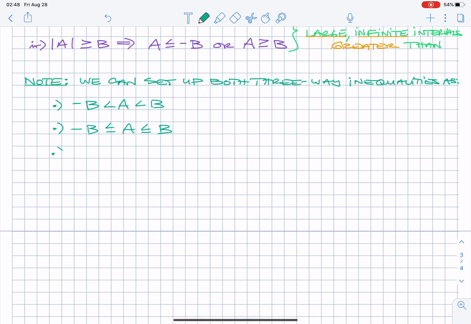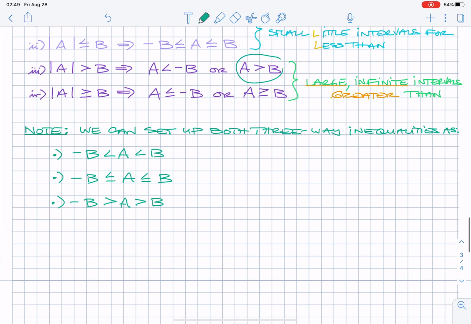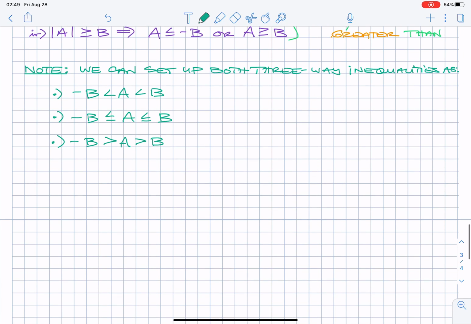But we can also do negative b greater than a, which is the same thing as a less than negative b, and a greater than b. So we've got a less than negative b and a greater than b in one three-way inequality.